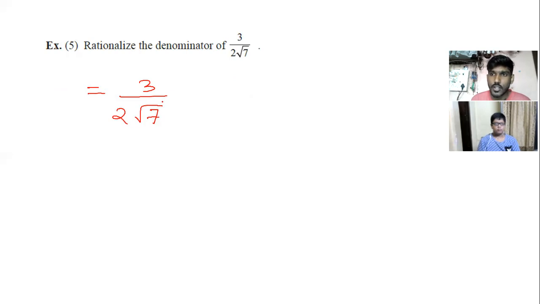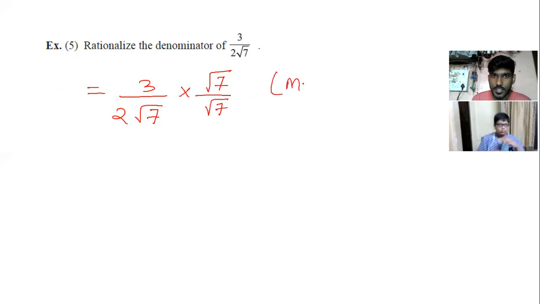Which is the third in the denominator? 2 root 7. Only the third, that is root 7. So you just multiply and divide with root 7, so root 7 upon root 7.